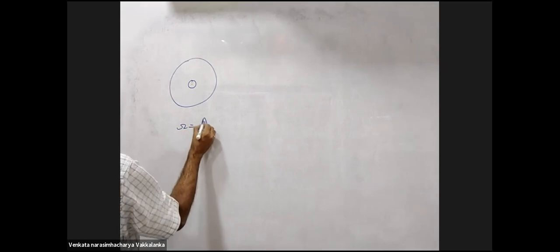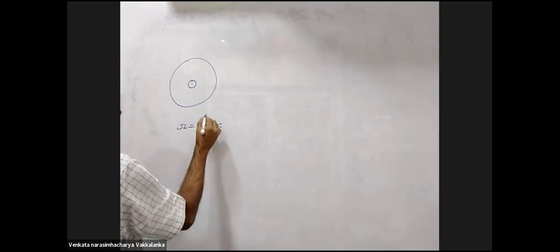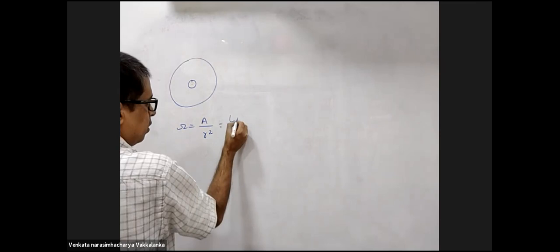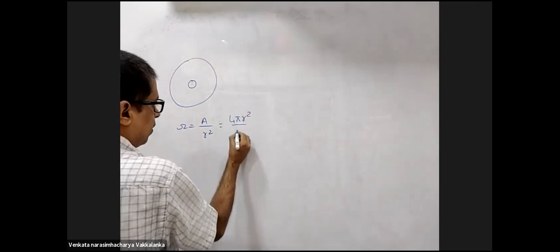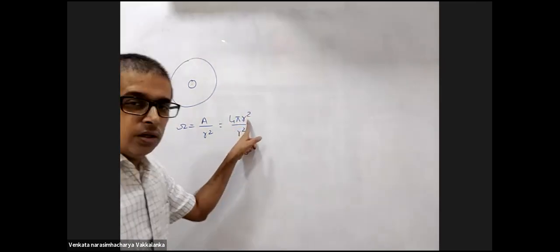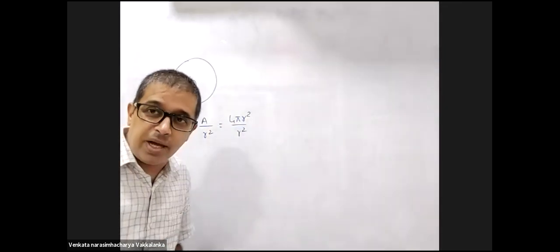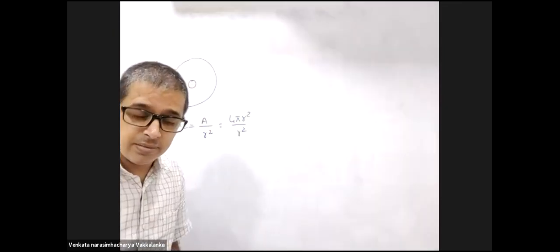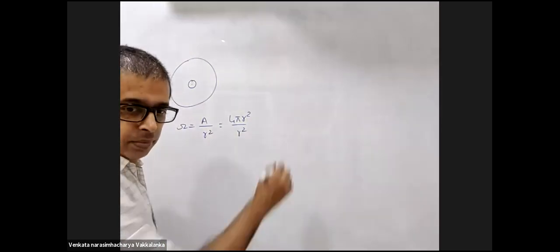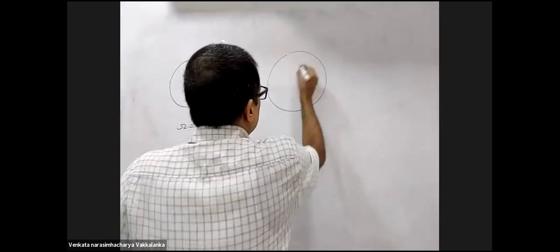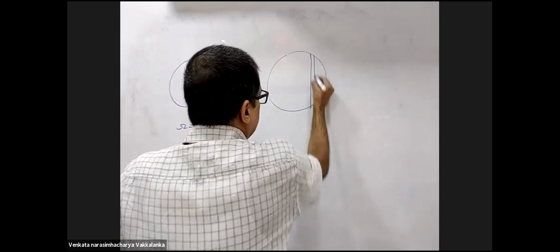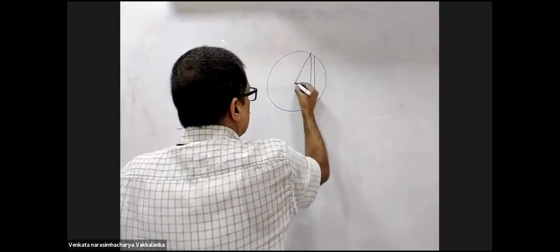Solid angle is A divided by R square. What is the area? 4 pi R square. Don't tell me I got 4 pi R square from this. You know how we derived 4 pi R square? By taking a ring. Yes, sir.